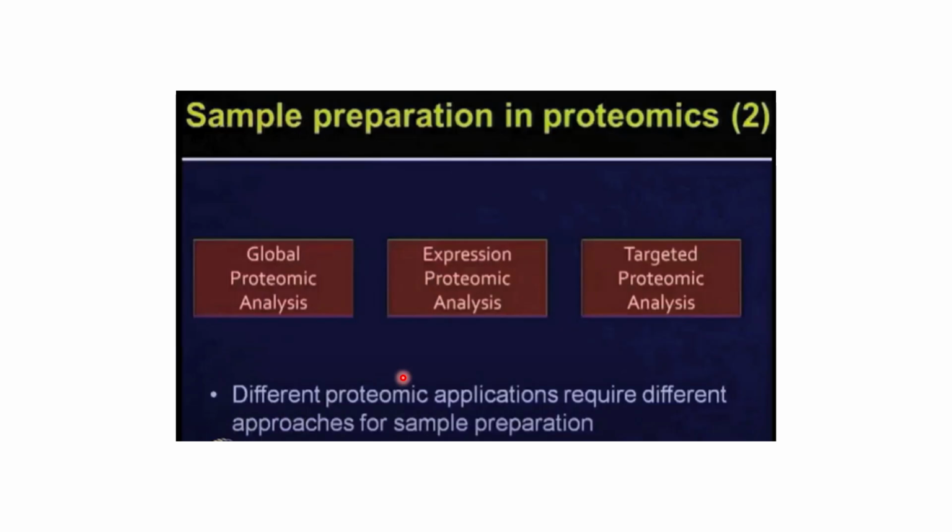All types of proteins, whether it is a structural protein, whether it has some function inside the cell, whether it is related to some disease, or whether it is related to general metabolism, whatever it might be. If you are studying each and every protein present in the sample, that's global proteomics.